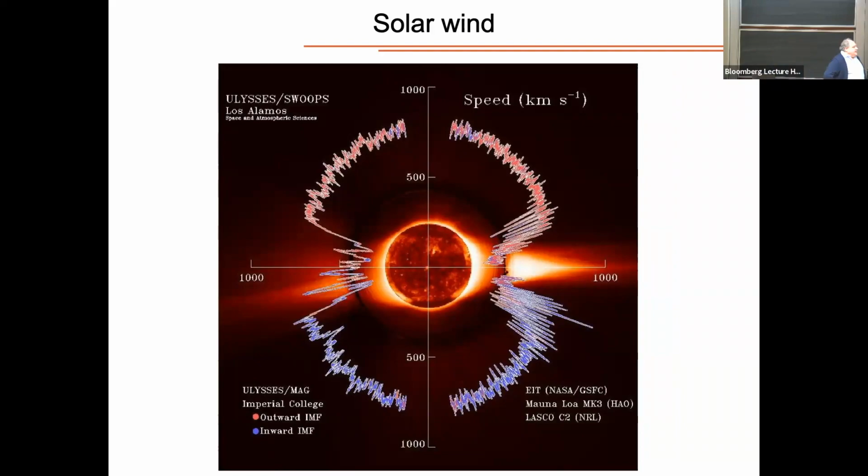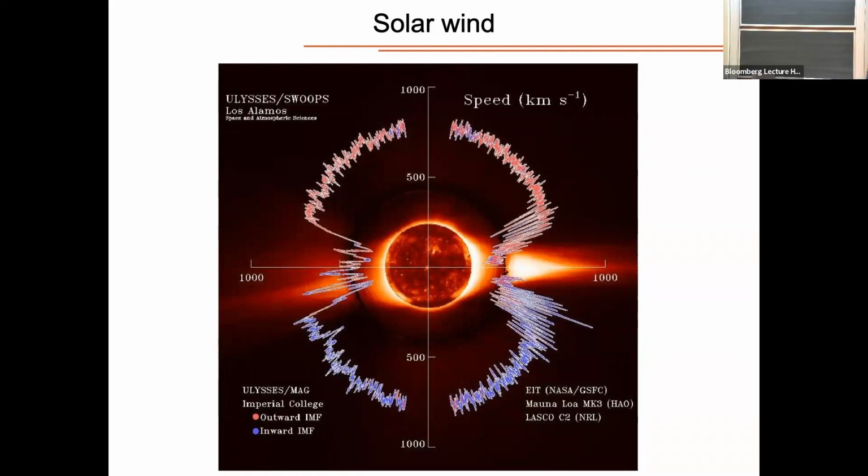We actually disentangle the two regions here, near the equatorial region and the two polar regions. The speed of the solar wind is drastically different because over here we do have field lines, magnetic field lines, dipolar.